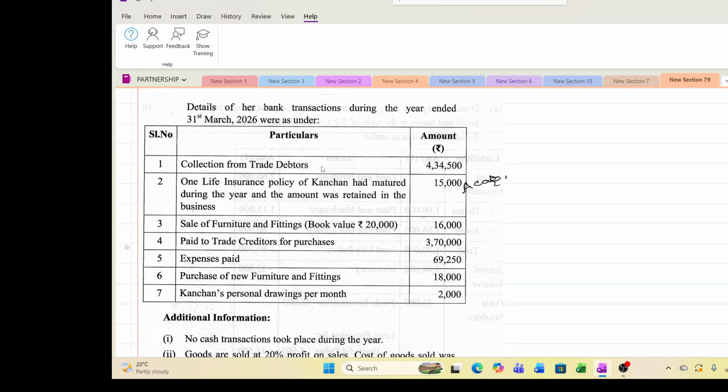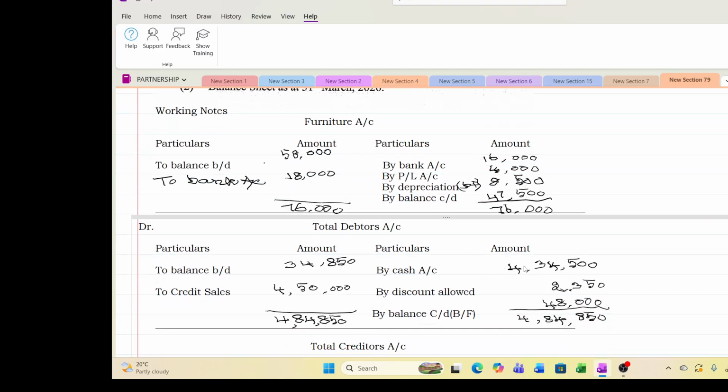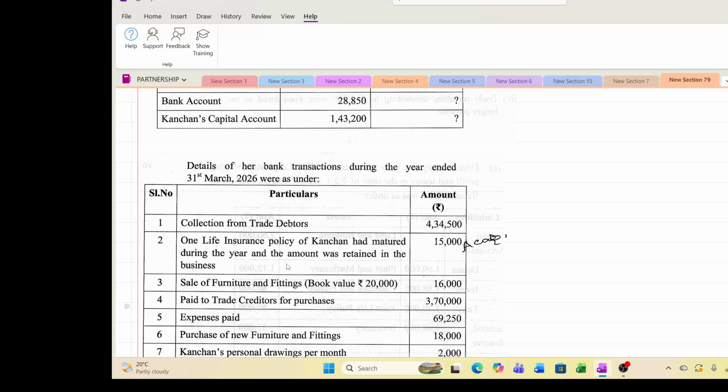So do like this. Collection from trade debtors. Go to your debtor account on the credit side, write 4,34,500, debtor account 4,34,500 by bank account or by cash account. Then there is a life policy matured during the year and the amount was retained in the business. It means it is an additional capital. Money has been received in your bank account. This also is received in your bank account.